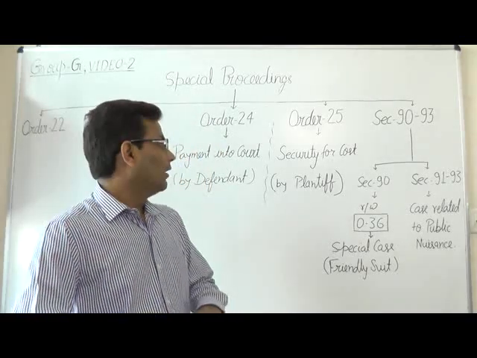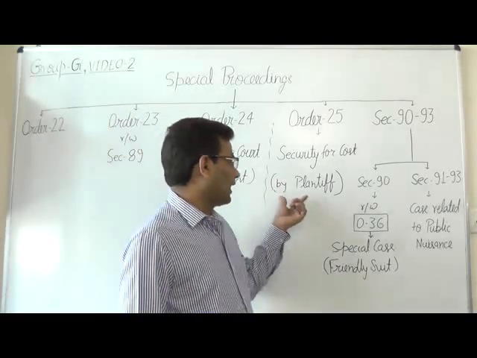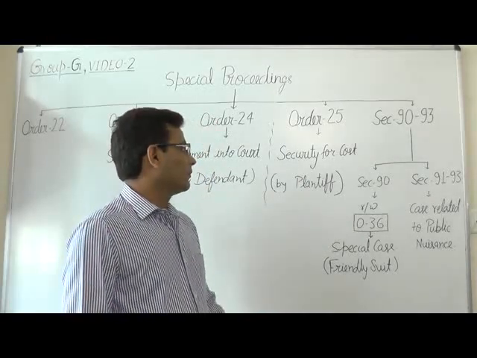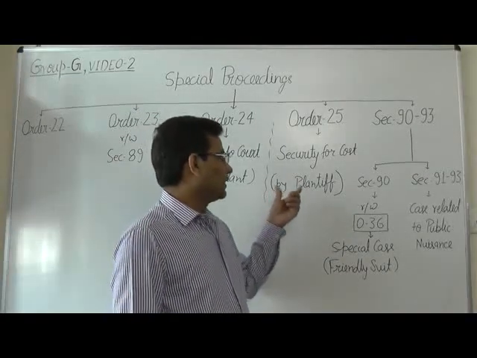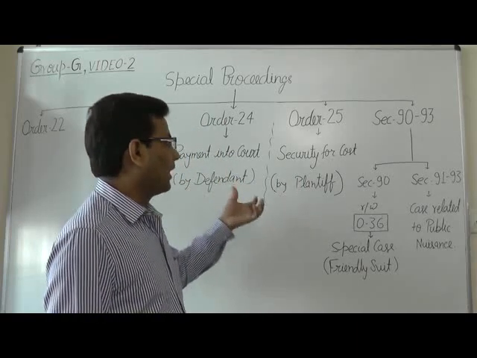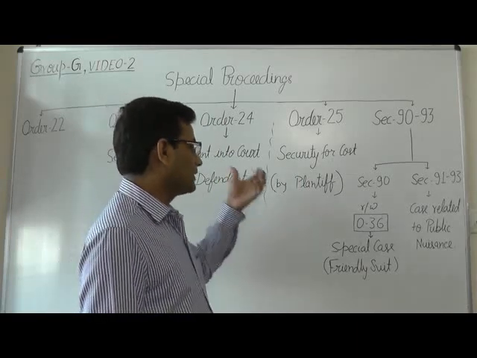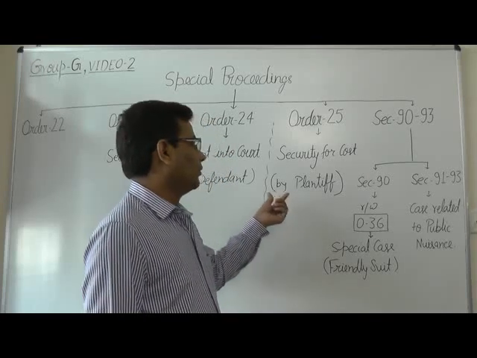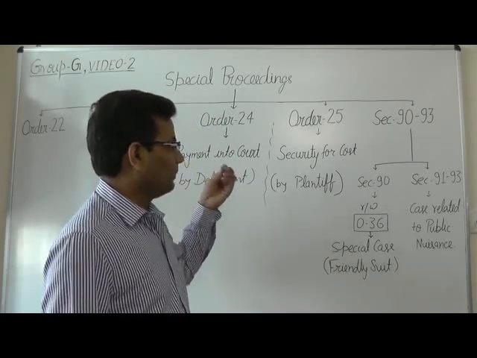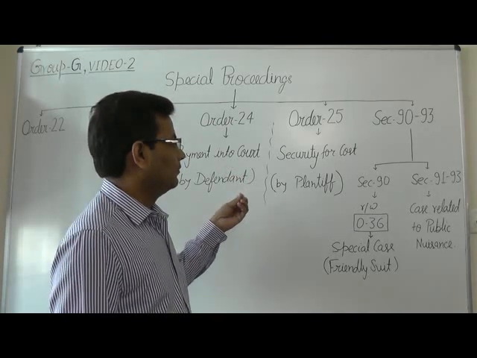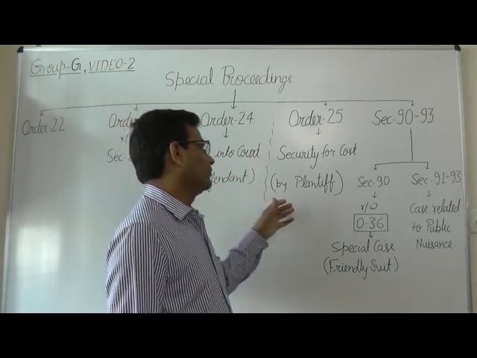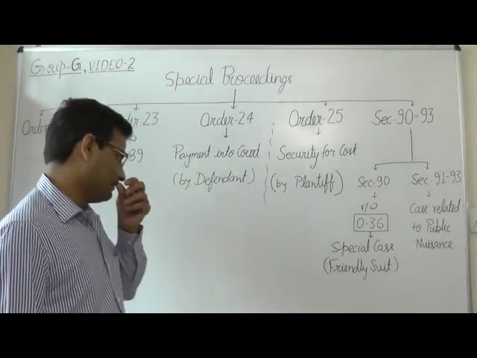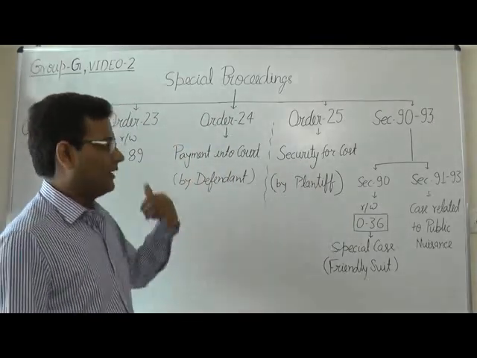Unless a notice of the application has been served on the defendant, the dismissal of the suit, which has been made because of the plaintiff's failure to furnish security, cannot be set aside.